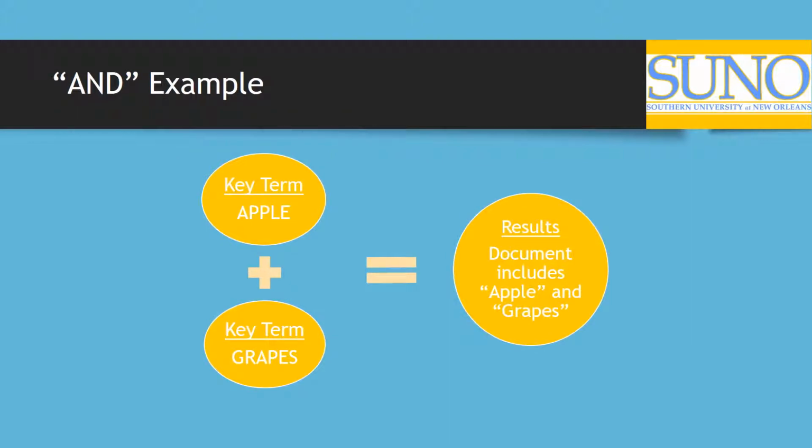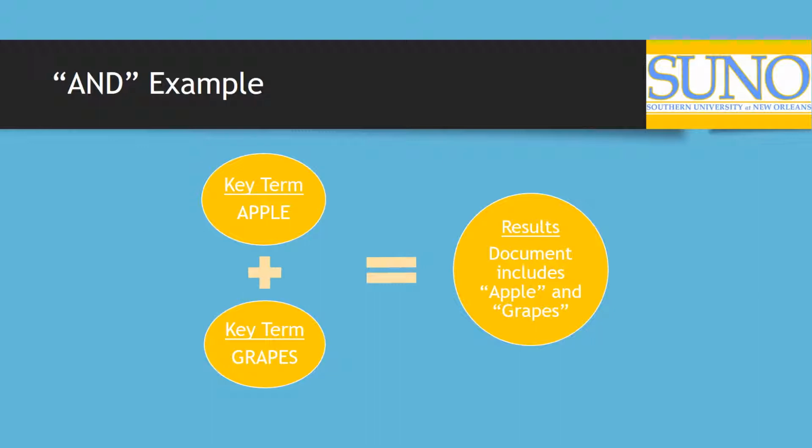On this slide, I am providing a visual diagram just to show you what it would look like to use the Boolean operator AND and the type of results that you would get back once you have completed a search. For example, if you have two key terms that you are searching within an online database, in this example, one of those terms would be the word apple and the other term would be the word grapes.